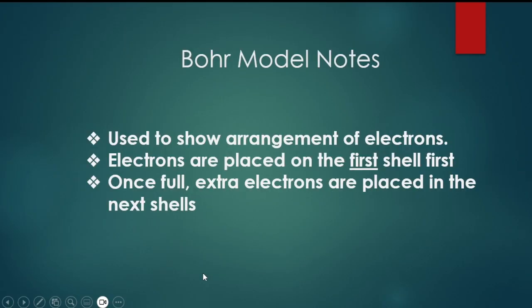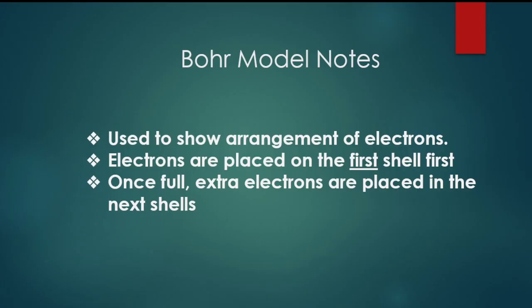All right, so Bohr models are used to show the arrangement of electrons, and electrons are placed in the first shell first. Remember, I told you guys energy levels and shells are used interchangeably. When we talk about Bohr models, we usually talk about the shells, but it's really just the energy levels, same thing, that we read from the period number. And once full, extra electrons are placed in the next shell.